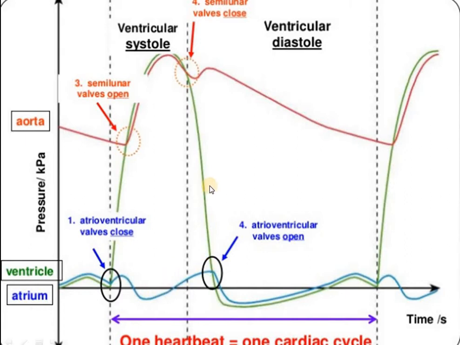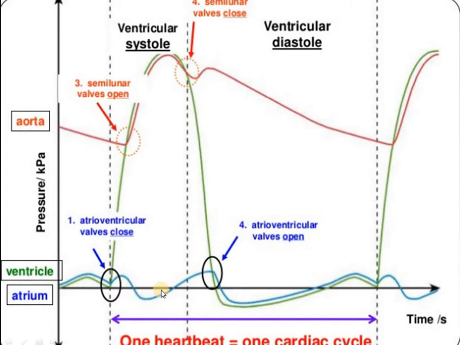There is a blue color, there's green, and this is the pink color line, which is showing you the pressure in ventricles, in atria and in aorta. This line is showing you the pressure in aorta, while the green line is showing you the pressure in ventricles. The lower one in blue is showing you pressure in the atria.